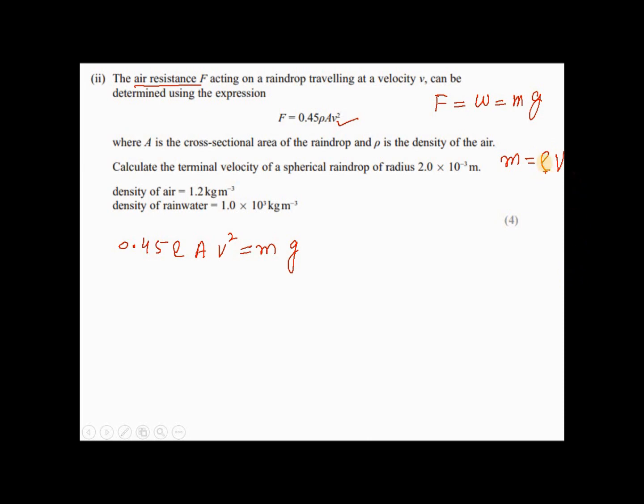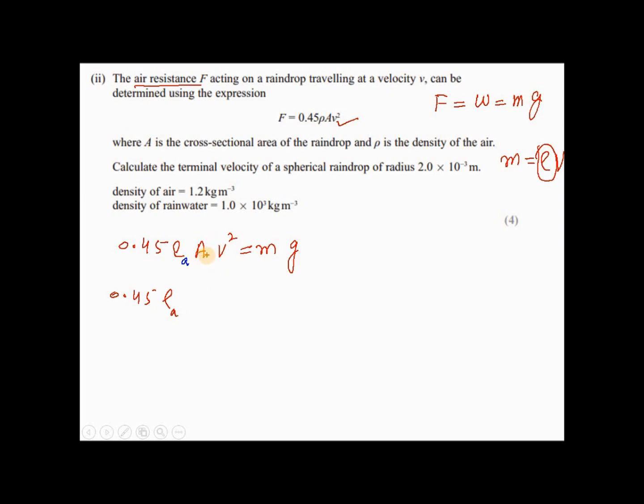Because we have two different rhos, for the mass I'm going to use the density of the raindrop, and in this expression rho is the density of the air. So I am writing here A, density of the air, and this m can be replaced with the density of the raindrop and the volume. So you can rewrite this equation as 0.45 rho A.